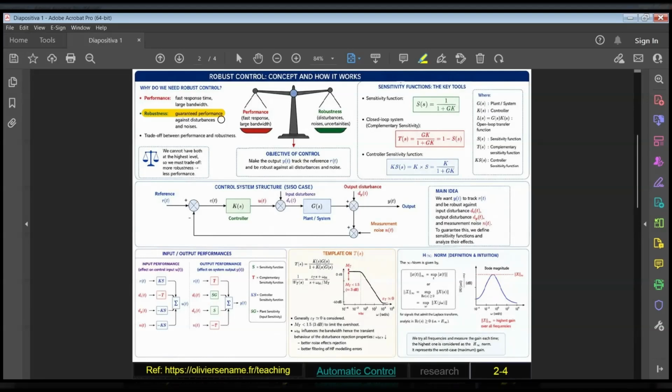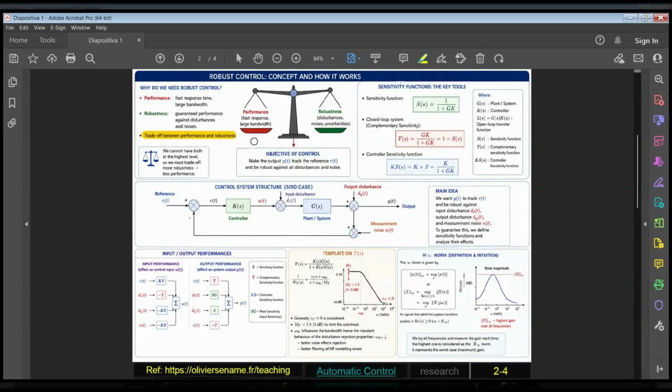A system may perform very well under ideal conditions, but if a small disturbance can cause a significant degradation in performance, then the system is not robust. This situation happens very often in real-world systems.